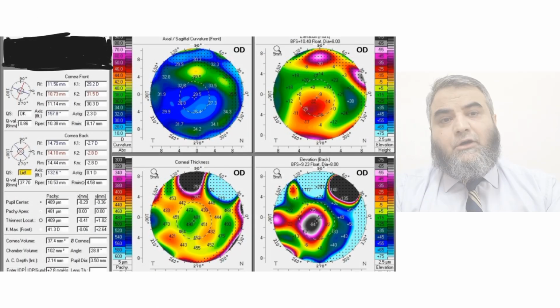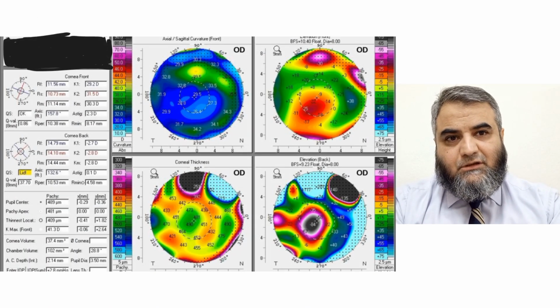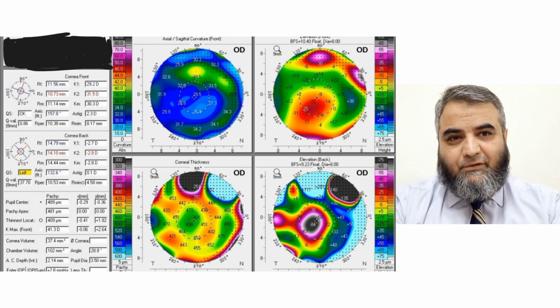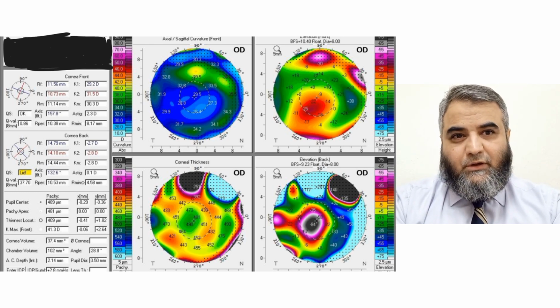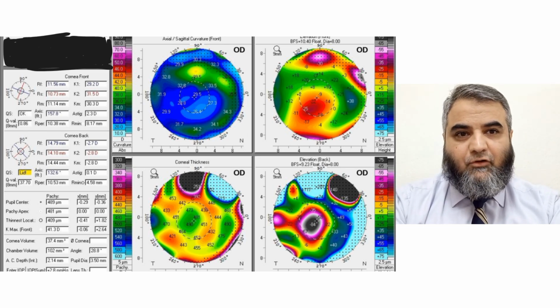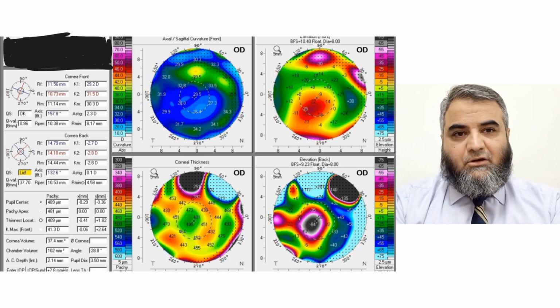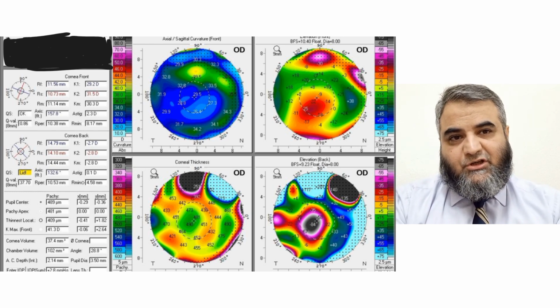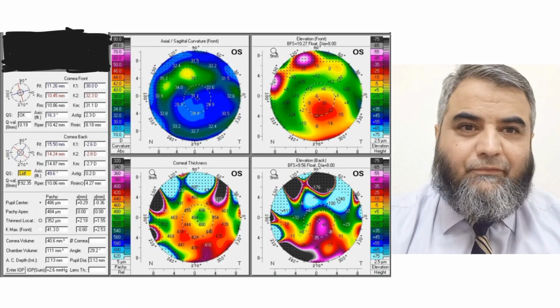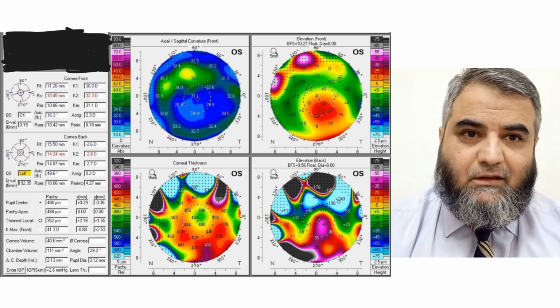Let's have a look at the corneal topography of this patient. It is showing 29.4 and 31.4, K1 and K2. This is type 2 cornea plana, the severe form of the disease. Because of this flattening effect, we have also seen changes superiorly and inferiorly in the cornea, and the patient is hypermetropic. Here is the corneal topography of the second eye.